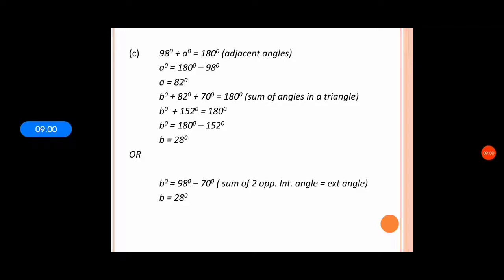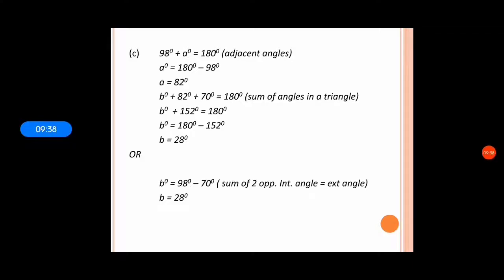Then the other method I said we can also use to get the value of B, without using the sum of angles in a triangle, is using a statement called sum of two opposite interior angles equals to exterior angle. If you go back to the diagram, you can see that our B and 70 are opposite interior angles to the 98. So when we add our B and 70 together, we are going to have 98 degree. So we now have our B plus 70 degree equals to 98 degree.